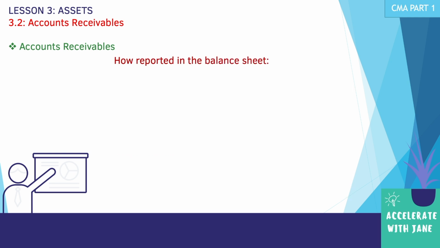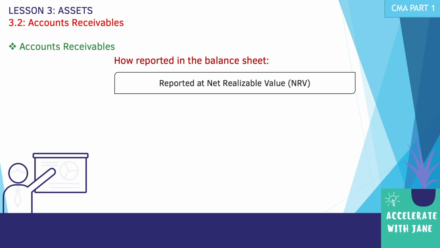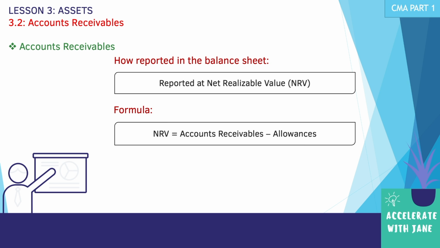So how do we report accounts receivable in the balance sheet? Accounts receivable are usually reported at net realizable value, or NRV. How do we compute NRV? NRV is simply arrived at by deducting allowances from the gross amount of accounts receivable. So NRV is equal to accounts receivable minus allowances.